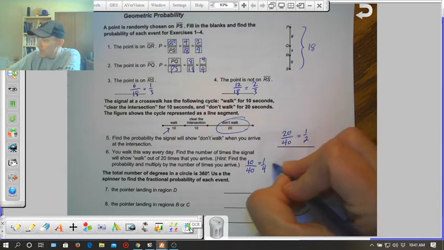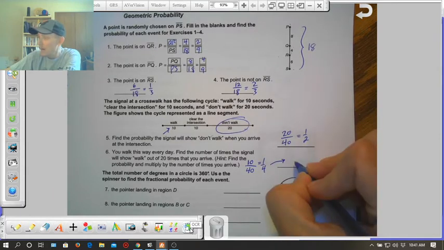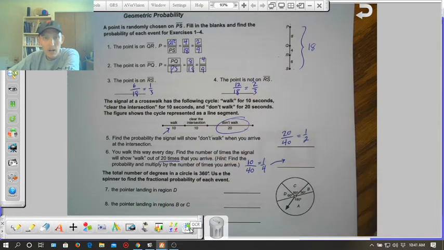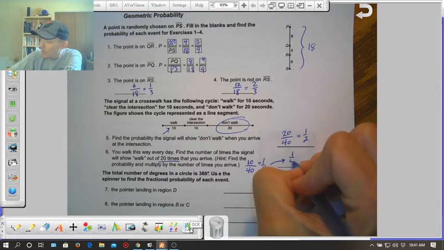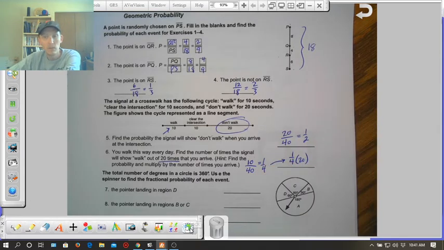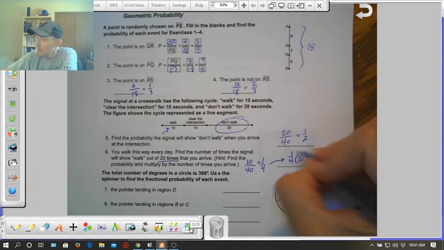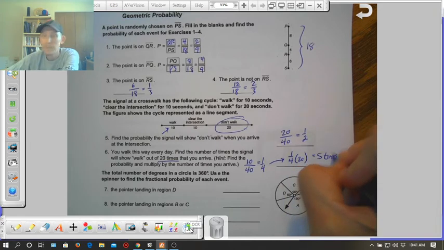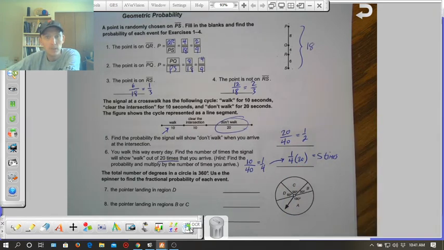If I take this 1/4 and I have a total of 20 times that I show up, I'm going to take 1/4 times the 20 times that I'm there, because 1/4 of the time, in theory, it's going to say walk. That means there's going to be a total of 5 times that I show up that it's going to say walk.